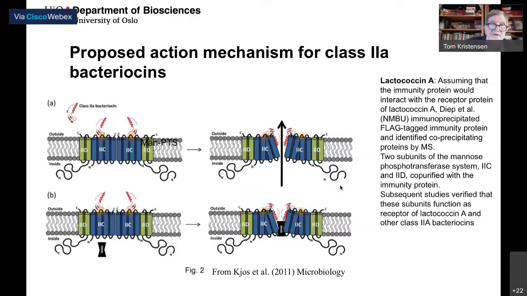And why they are so potent, at least one explanation for this was obtained by a group at the Norwegian Life Science University close to Oslo, which managed to elucidate how one specific bacteriocin, lactococcin A, manages to destroy the recipient cell.